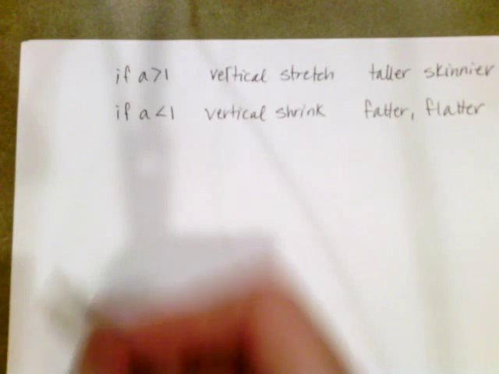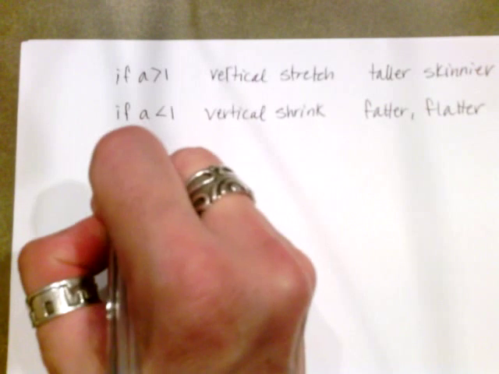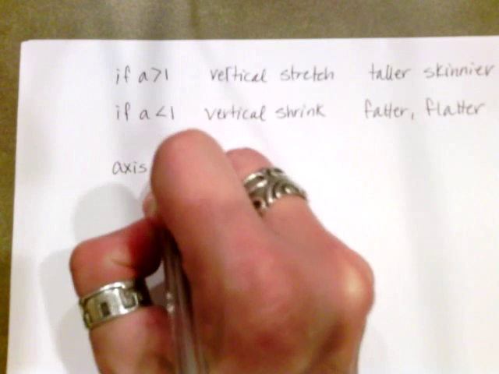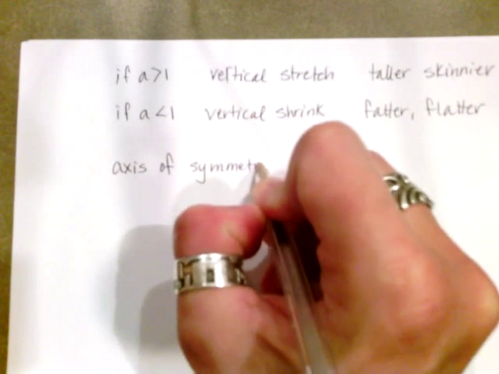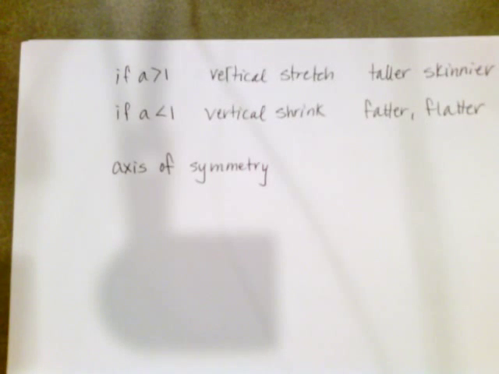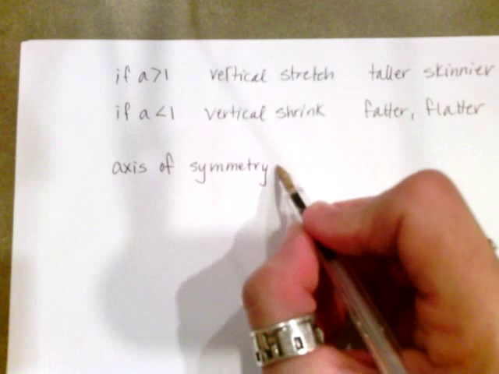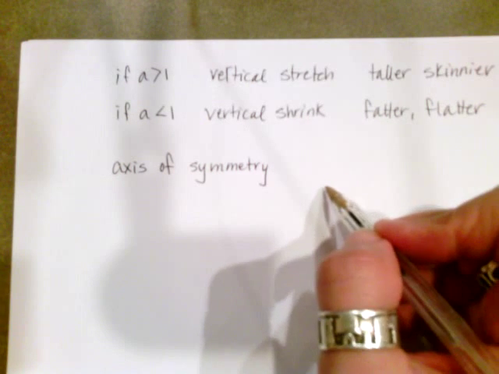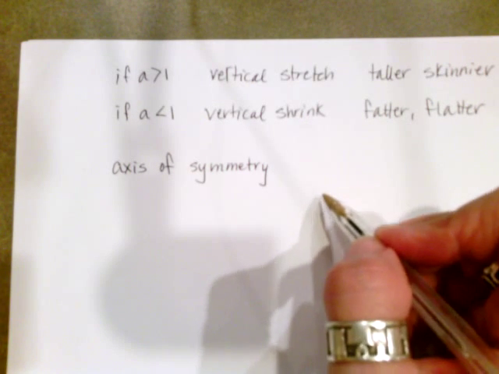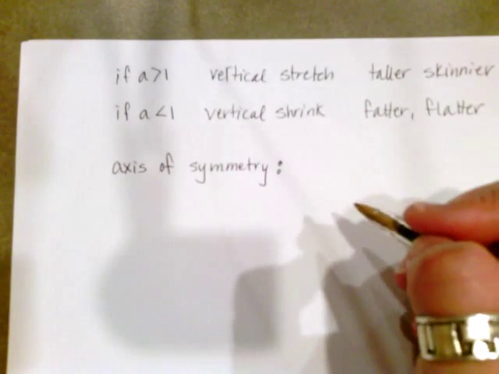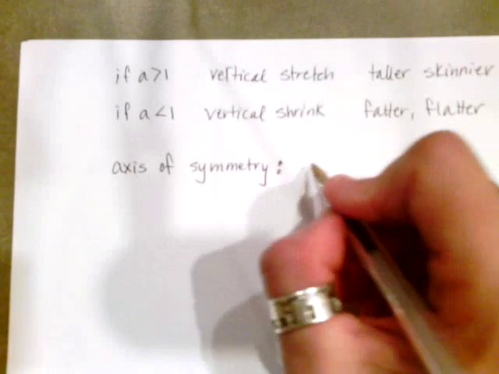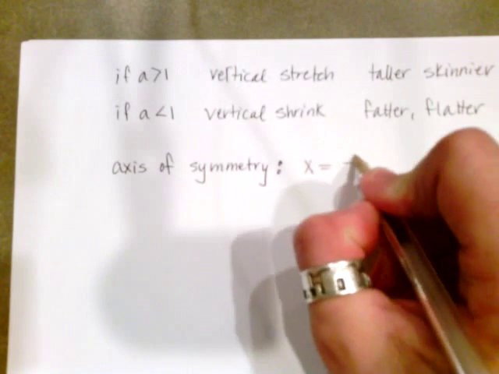All right. Now I'm going to introduce a new little formula. The ones that we've been doing so far have an axis of symmetry. Remember, that's where if you folded it in half, the graph would be the mirror image on either side. But now if we move things, if we translate the parabola right or left, the axis of symmetry is going to move. And so I can find the new axis of symmetry by this handy dandy little formula.